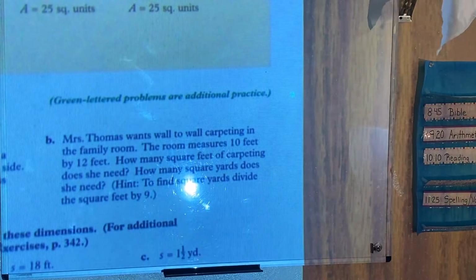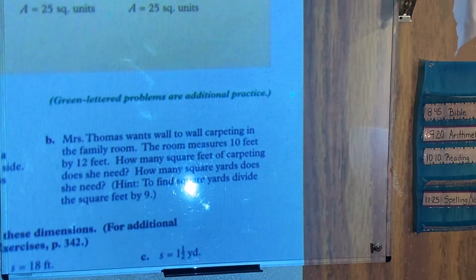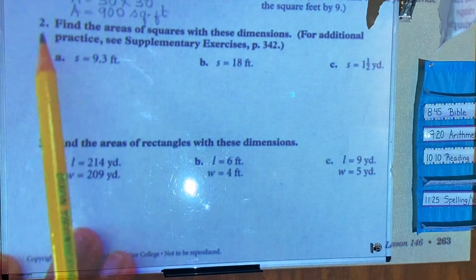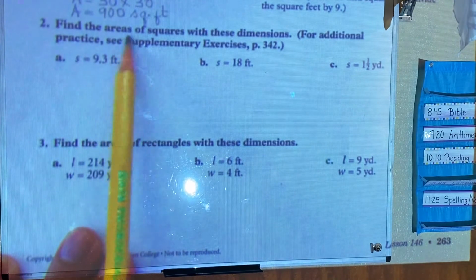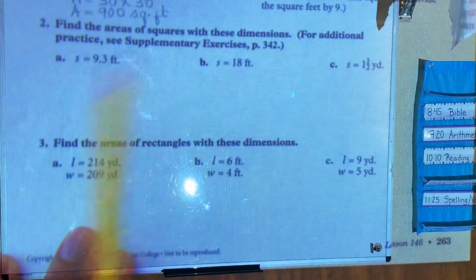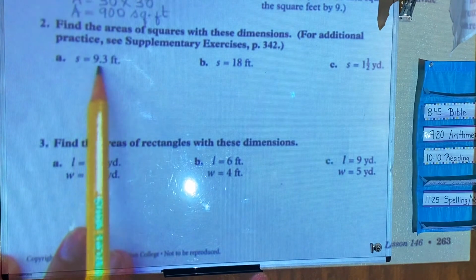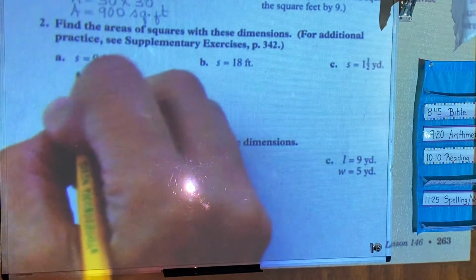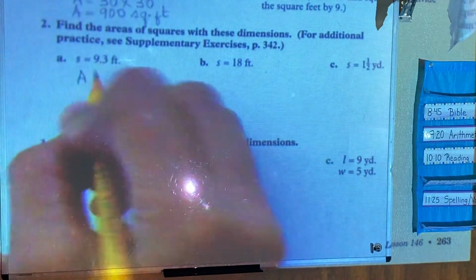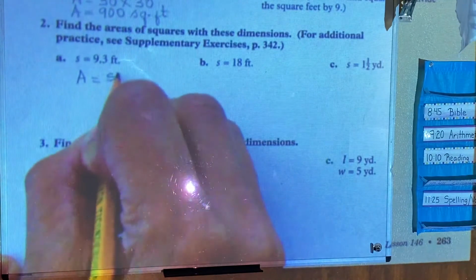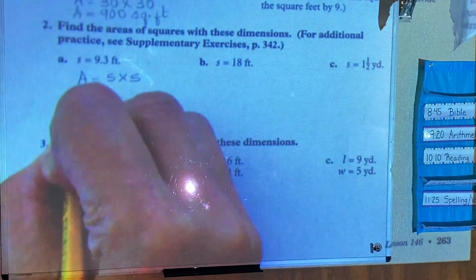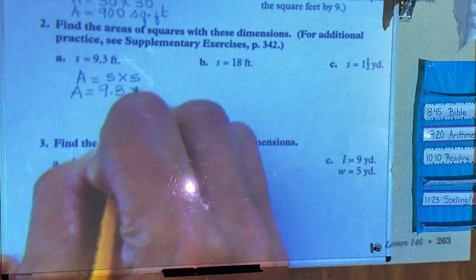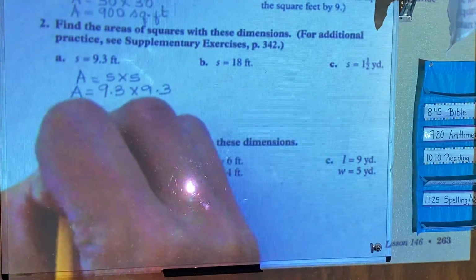Now for number 2, find the areas of squares with these dimensions. It says that the side is equal to 9.3 feet. On this one, I'm going to use the other formula, A equals S times S. A is equal to 9.3 times 9.3.